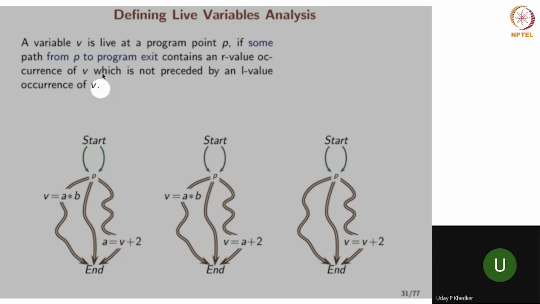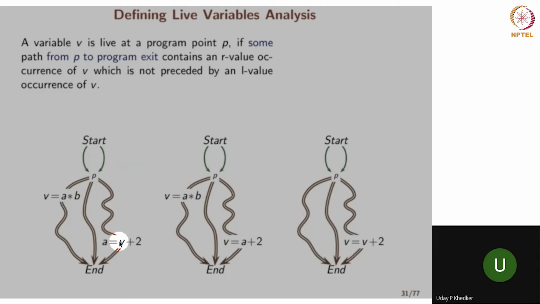So in this example, we're talking about variable v, and we're talking about program point p, and we're saying if some path contains an R value occurrence of v, it turns out that this path has an R value occurrence which is not preceded by an L value.